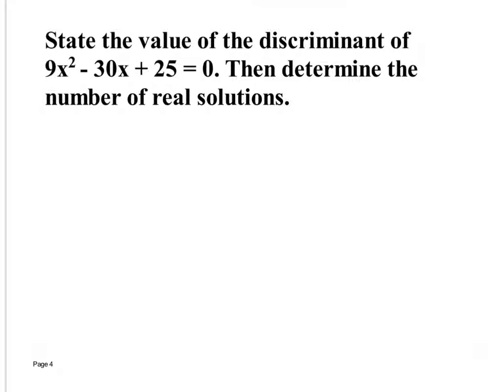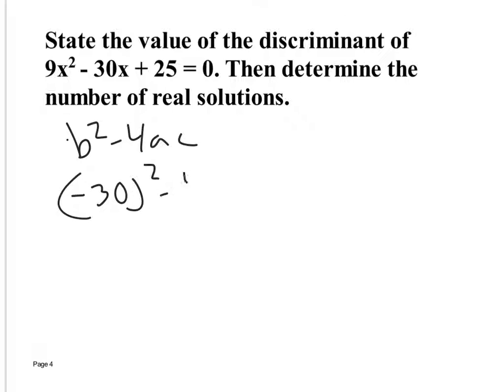Alright, so check your answer to mine. We have b squared minus 4ac is our discriminant. So I'm going to go negative 30 squared minus 4 times 9 times 25. 30 squared, negative 30 times negative 30, is 900, minus 4 times 9 times 25.